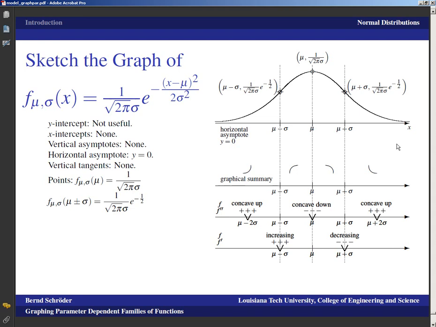And here's where we can see now what the shape is. The shape is a bell curve, and normal distributions are also called the bell curve. And then certainly, once you know that name, then you can go back and look at this shape and see, yeah, clearly the mu is the center of the bell, and the sigma has something to do with the height and the width.